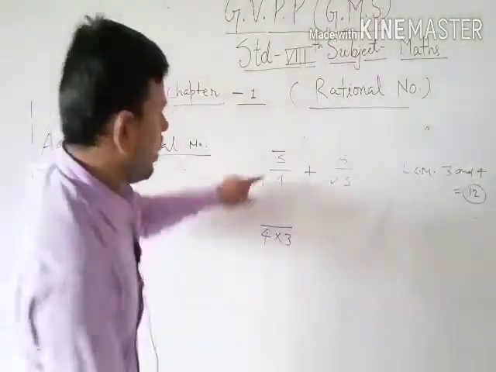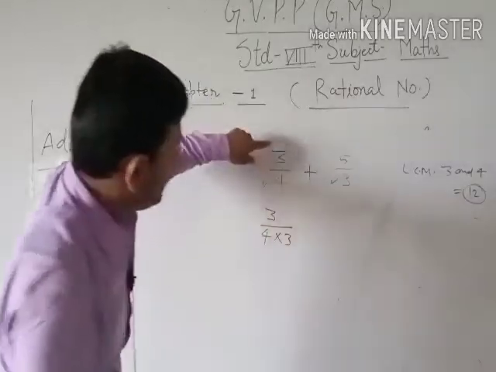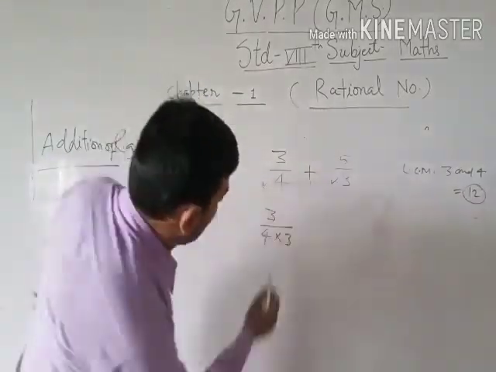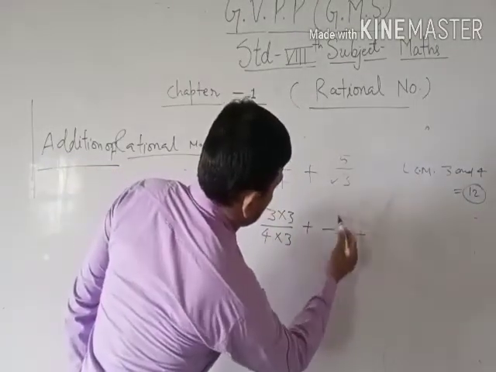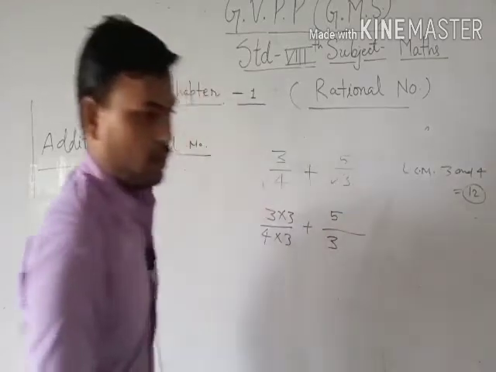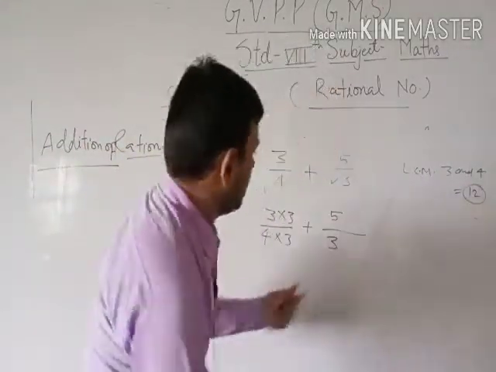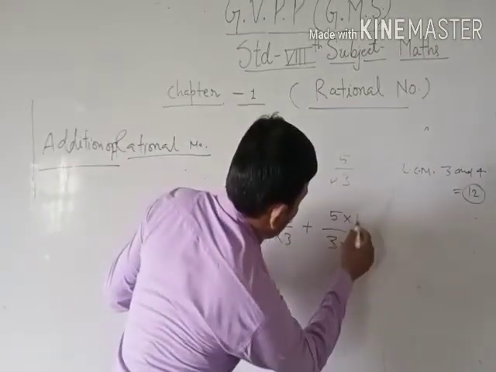Okay, now you are multiplying here by 3 and you see that in the numerator it is written 3, so you have to multiply here also by 3. Now you see that here it is written 5/3 and this 3 you also have to make 12, so you will multiply this by 4 and you will also multiply the numerator by 4.